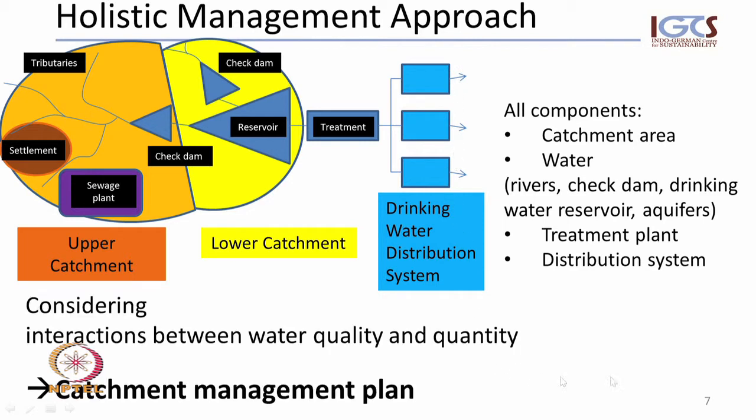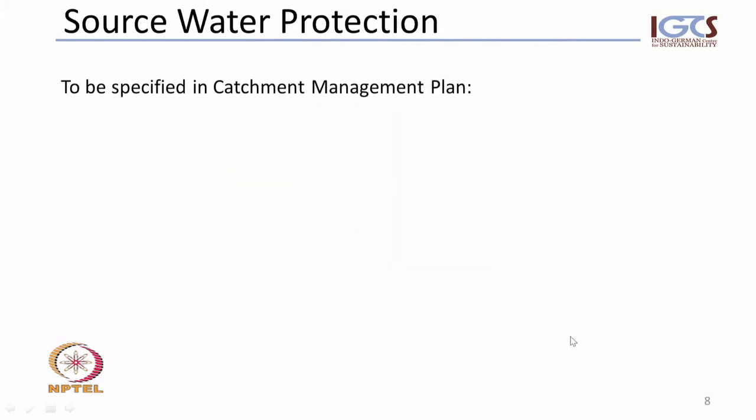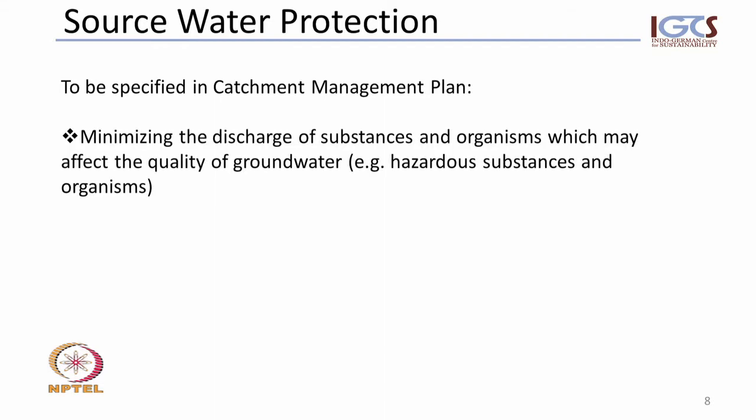Now, all this has to consider the interactions between water quality and quantity, both of the components, and are settled down in a so-called catchment management plan. Now, let's look into the source water protection and the components which should be specified in such a catchment management plan. There should be a clear understanding on minimizing the discharge of substances and organisms which may affect the quality of groundwater.